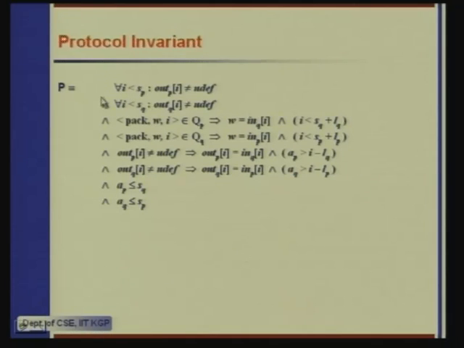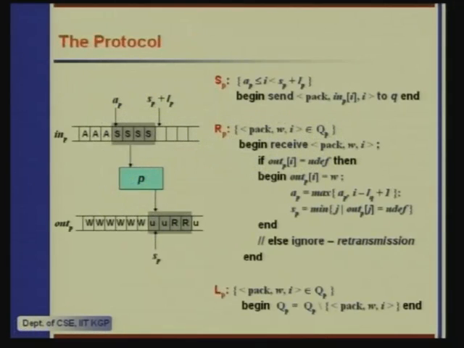Now, suppose that in some state of the protocol this holds, right, then we will have to show that each of these actions does not change it, right. So, let us look at sending.